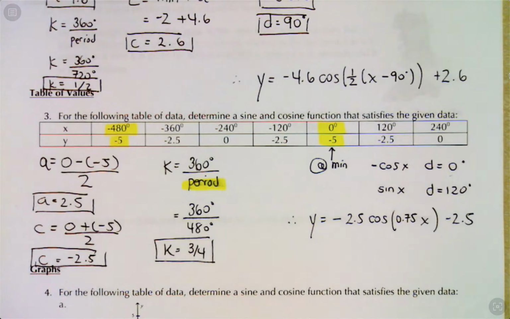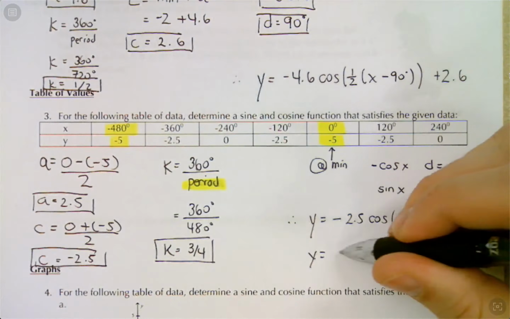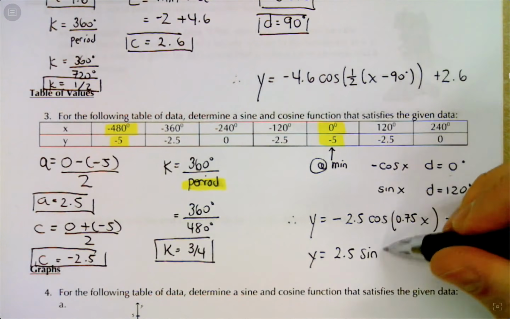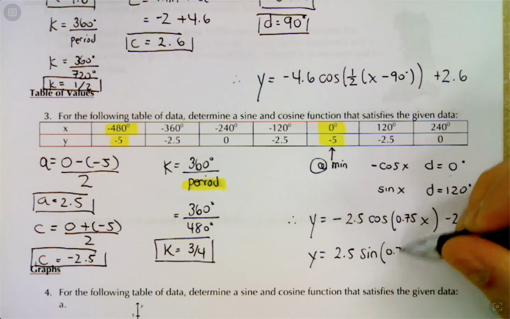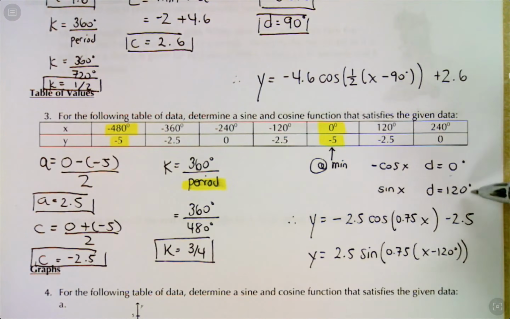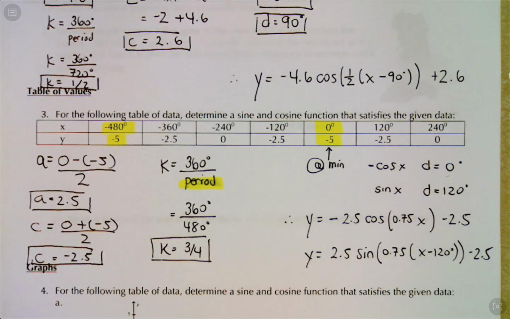There's our first equation. Our second one's a positive sine graph, so we have positive 2.5 sine. This time we do have a d, so we common factor the 0.75. We get x minus 120. And outside we have our c value, negative 2.5. There we have it. Two equations, one cos, one sine.